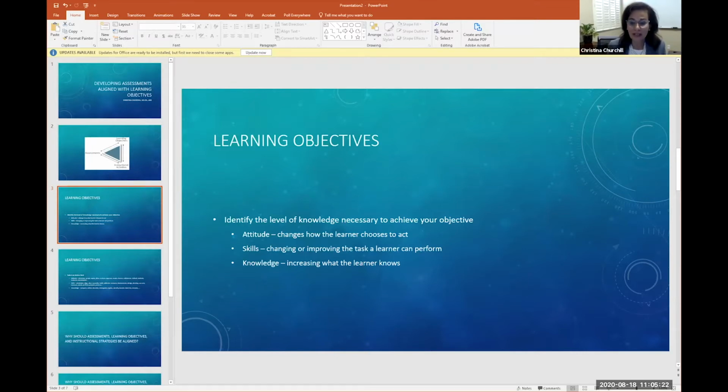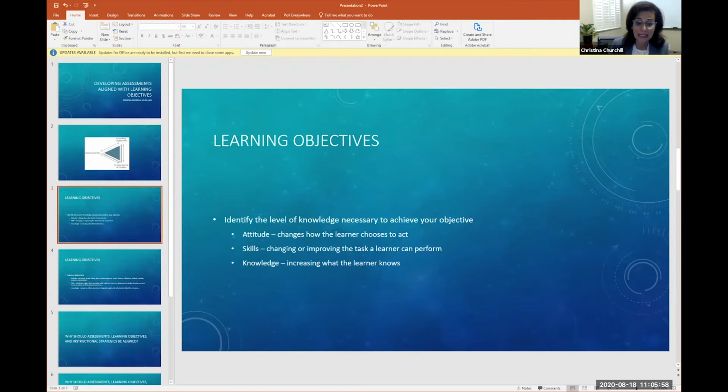So when you're developing these objectives, you're taking a look at three things. Number one is attitude. A learning objective could include a change in how a learner chooses to act. In your learning objective, it could be that because of the course they took, they now have a new insight into how to handle certain situations, or maybe a new insight on environmental pollution, whatever the attitude may have changed.